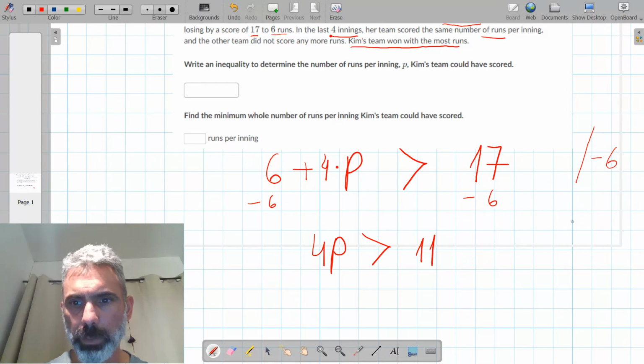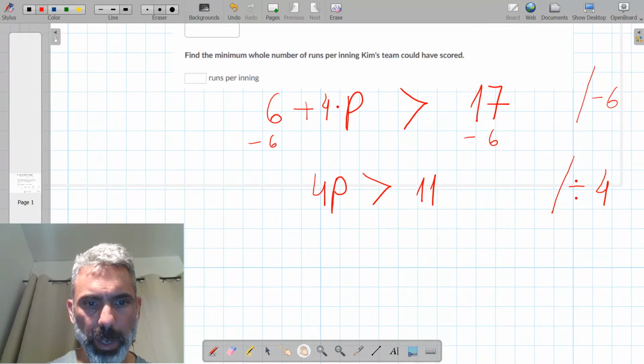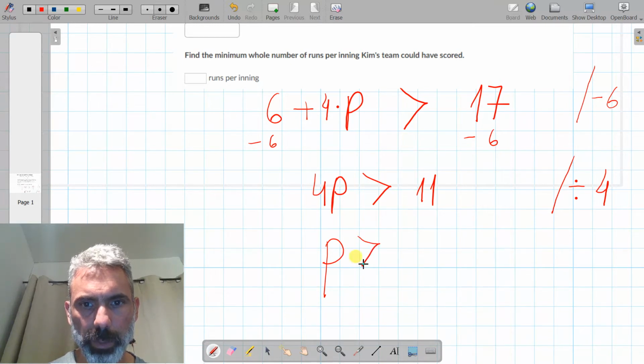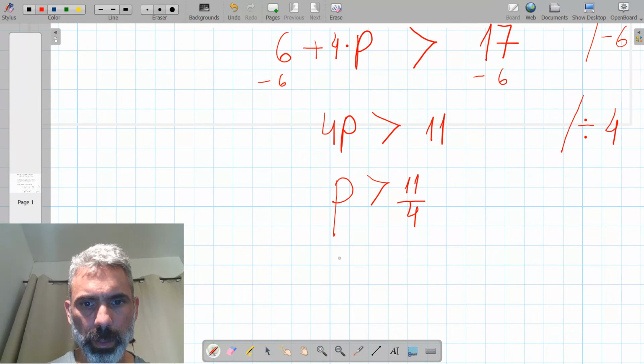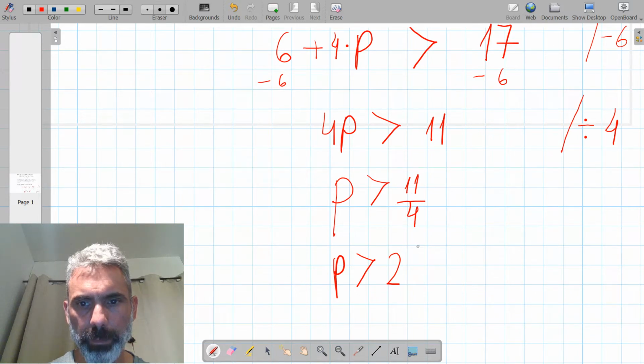Now I divide both sides of the inequality by 4 to isolate the p on the left hand side. So p has to be greater than 11 divided by 4. 4 goes into 11 2 times. 2 times 4 is 8, and we have 3 left.